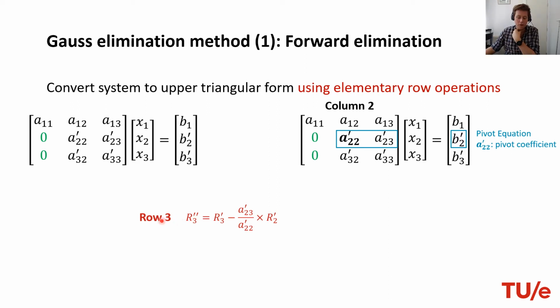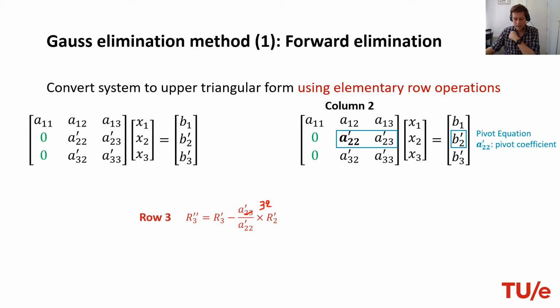We subtract from the third row the current second row multiplied with the ratio between this coefficient and the pivot coefficient. I see there's a slight typo, so this should be A32 on the slide.